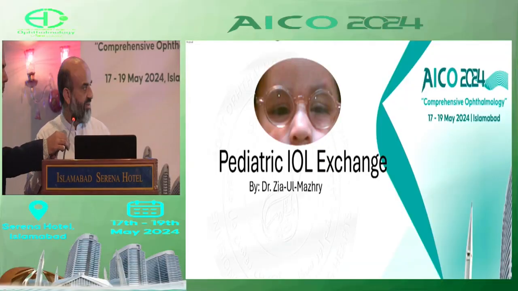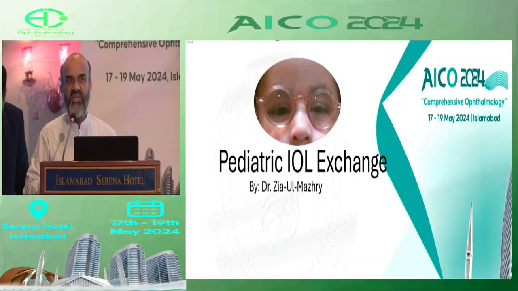And why does this myopic shift occur? What's the size of the pediatric eye at birth? 16 to 17 millimeters. And at 1 year? 20? And 2 years? And 20 years.